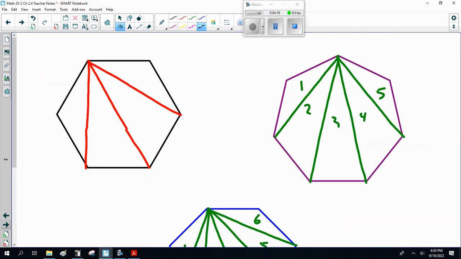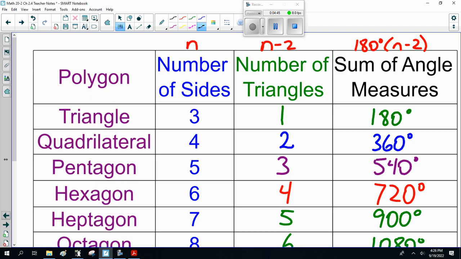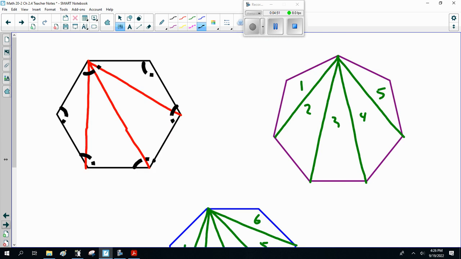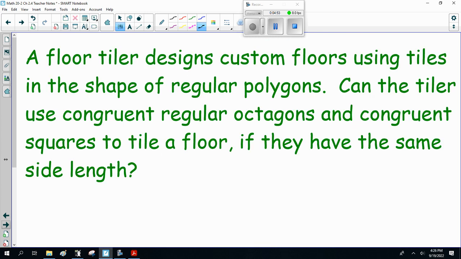And if you remember that, now if you don't believe me, grab your protractor and measure this angle and this angle and this angle and this angle and this angle and this angle, and it will add to be, that was a hexagon, 720 degrees. Right. Now, that's what I need you to be able to do.